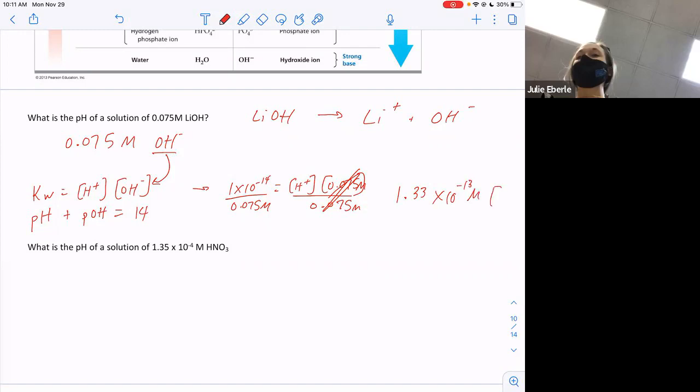And that is my concentration of H plus. Now what do I do? One step away from getting pH. Yep, we know pH equals the negative log of the concentration of H plus, right? So I'll just take this right here that I just solved for and plug it in right there. So I'll do the negative log of that value.